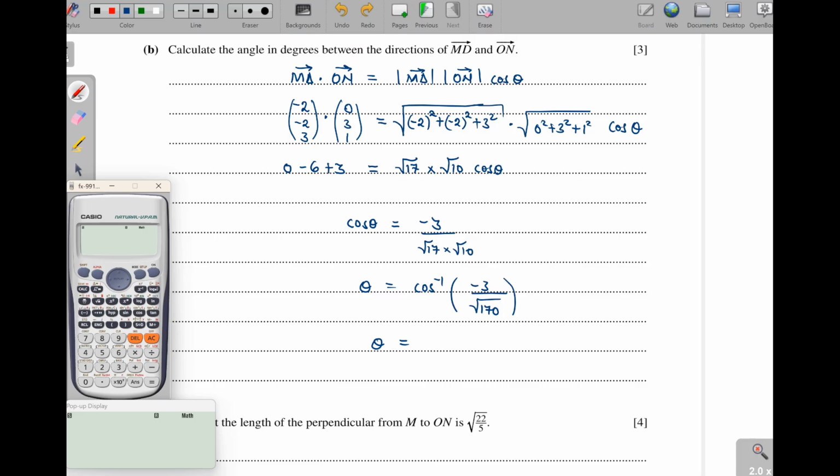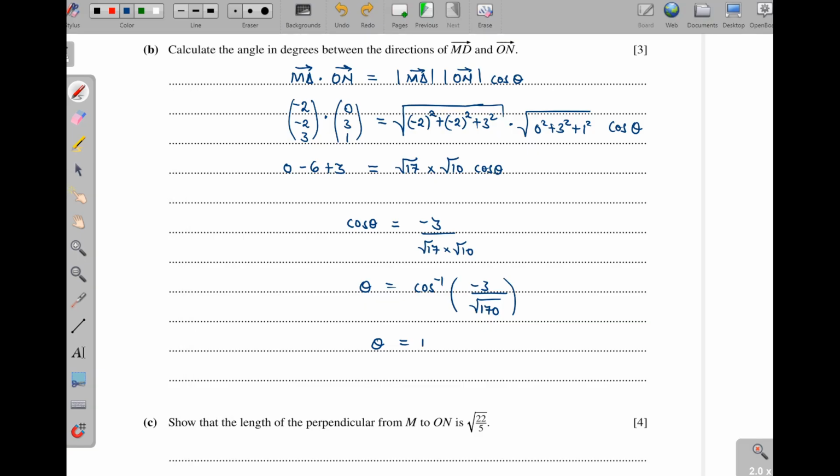So shift, then mod, I'm converting this to degrees. Now shift, then cos, then we have a -3, we divide it by, there's a negative here. Then we divide it by the square root of 170. Then we get 103.3 degrees. That is to 1 decimal place. And that is that for this part.